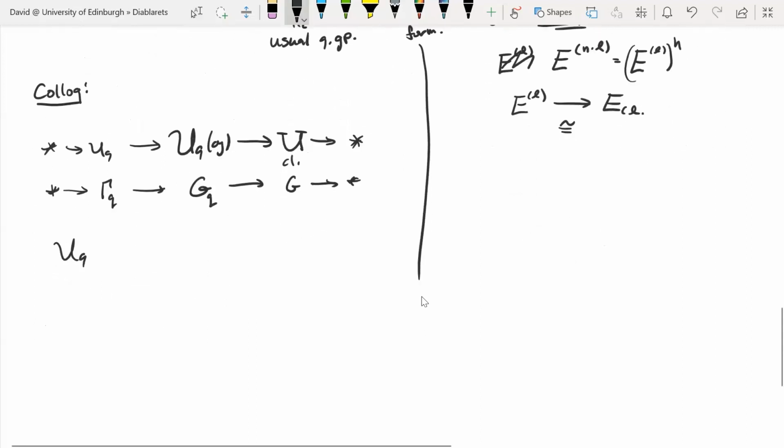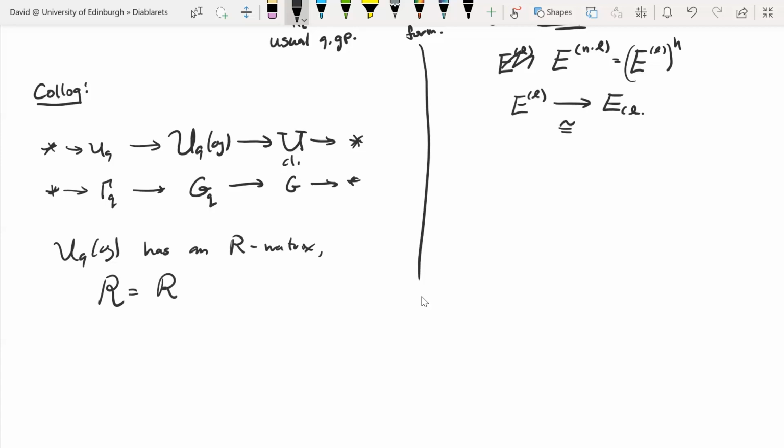Okay. U_q G, Lusztig's quantum group, has an R matrix. And in fact, its R matrix is the same R matrix for the small quantum group, just interpreted this way. What we do is we take the usual formula for the R matrix, and so you may have seen this before.